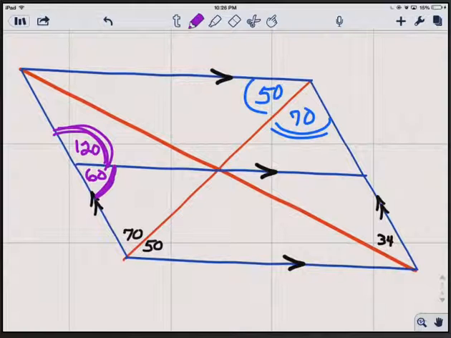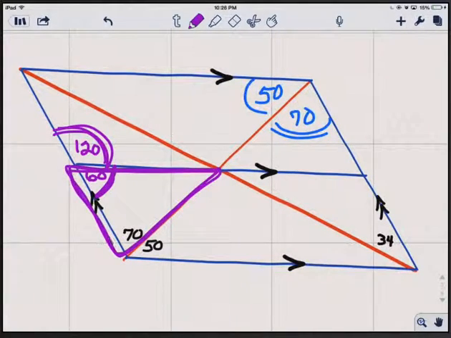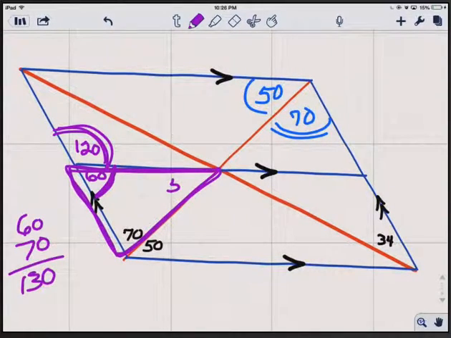Now if you look at this triangle, the angles for that triangle add to equal 180. The first two angles, 60 and 70, add to equal 130. Subtract from 180, you get 50 degrees for this angle. So that's one way you could find that angle.